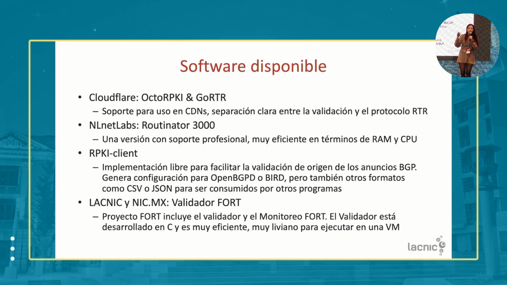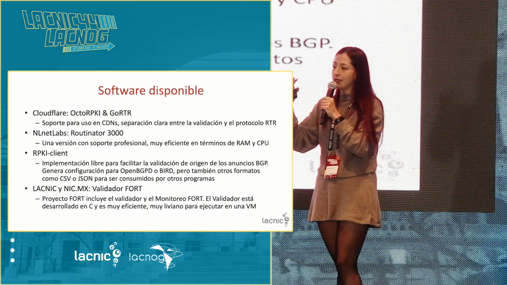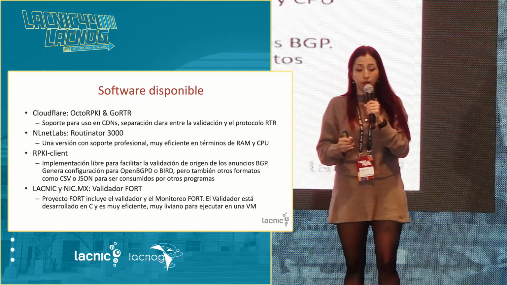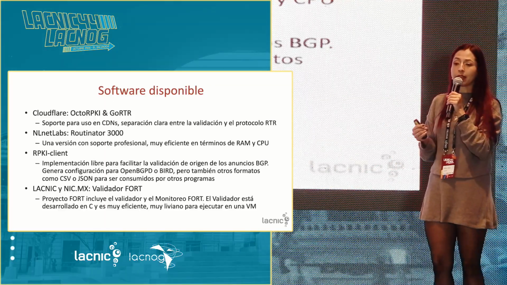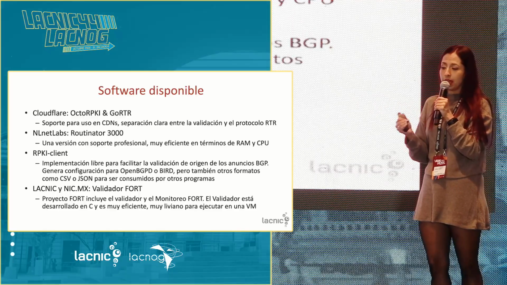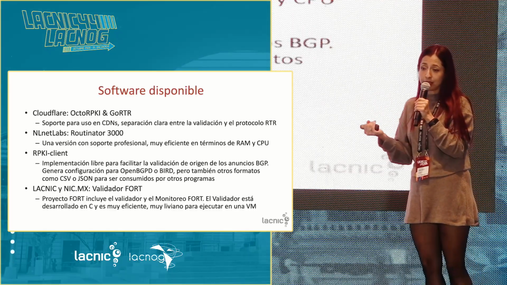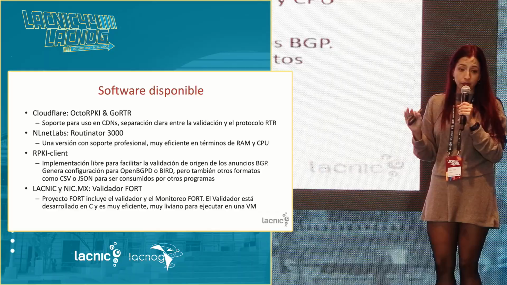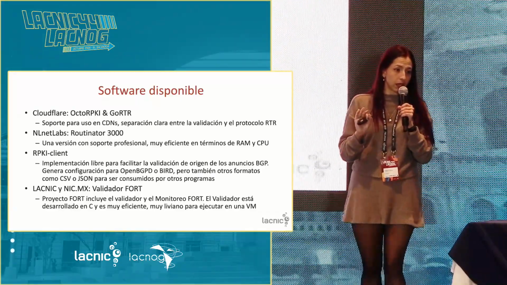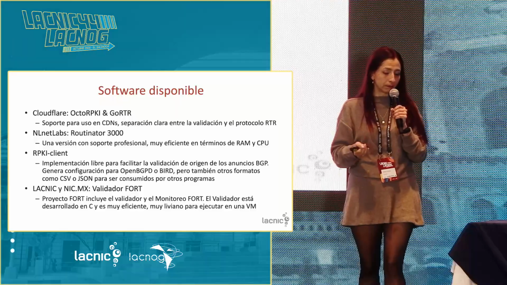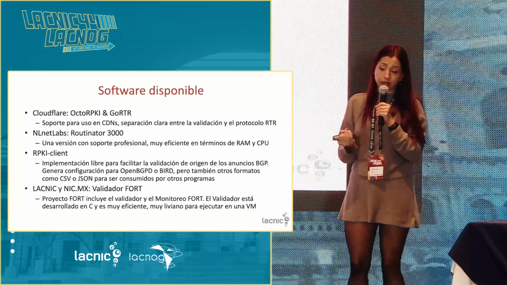So for those who have the need to run these validating schemes, to set up the origin validator and have a validating cache, receive the information from the route and deliver it to the router, well, remember that at some point I mentioned that in the RPKI we spoke about the responsibilities. One is that all the prefix owners for the IP addressing are responsible for creating the certificates, the ROAs.